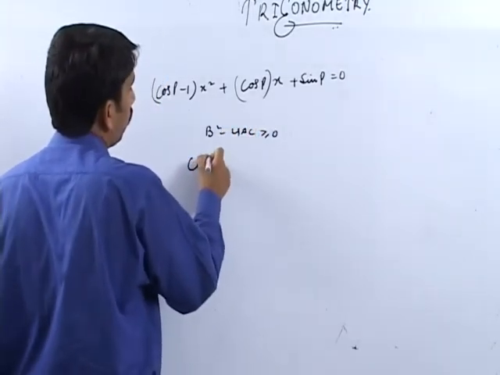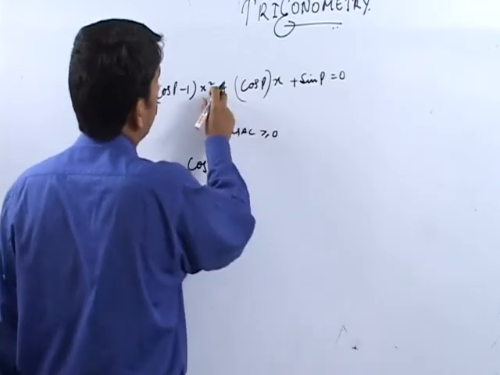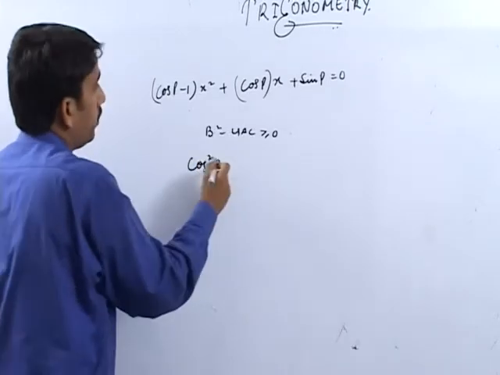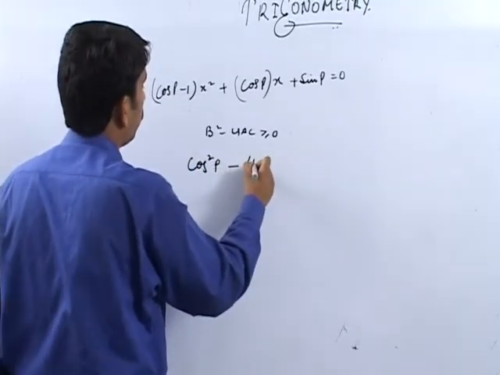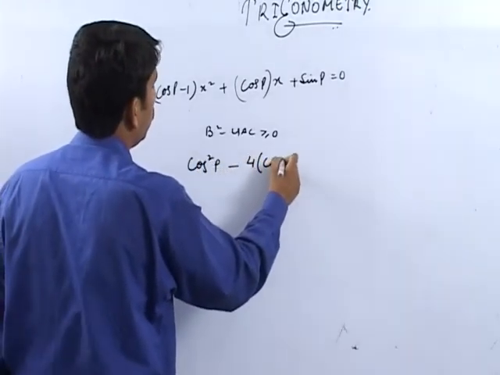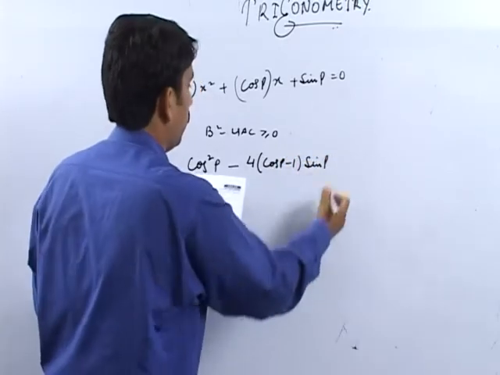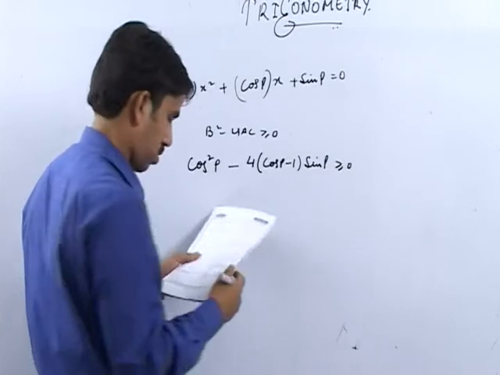That means cos square p, if you compare it with the quadratic equation ax square plus bx plus c, then this will become cos square p minus 4 times cos p minus 1 into sin p should be greater than or equal to 0.